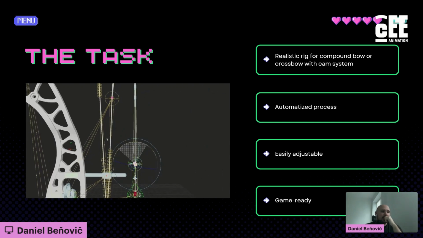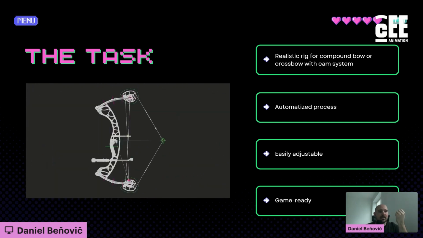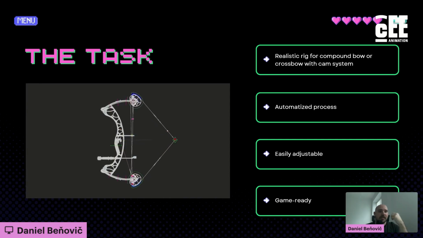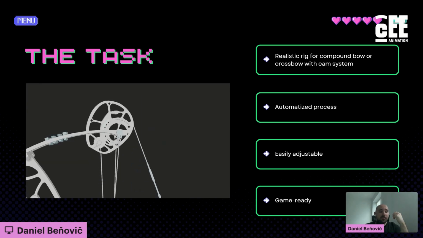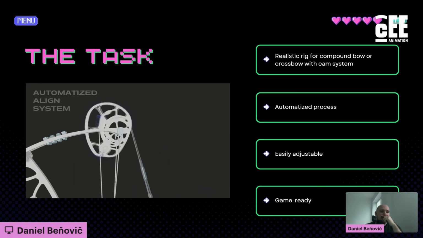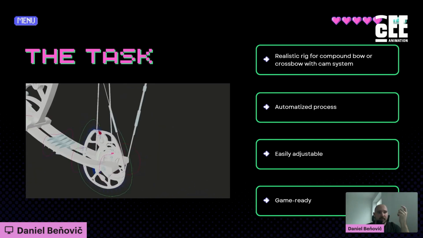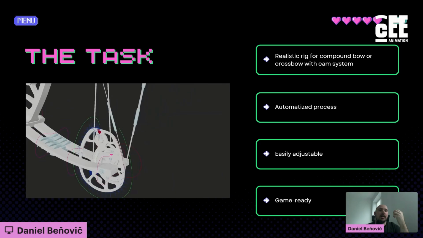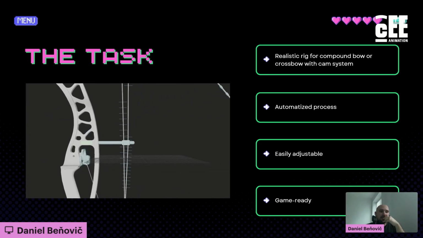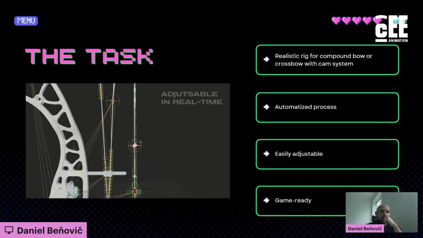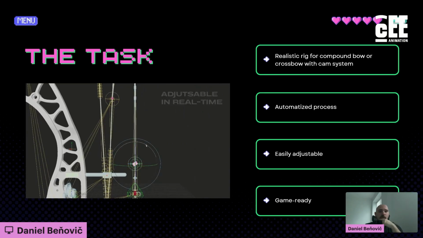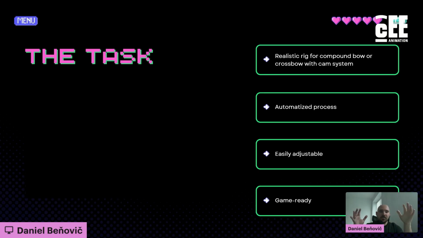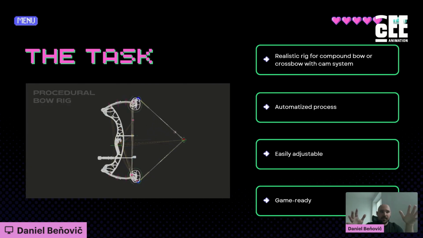That means that the number of bones has to be small for the best performance, and you also don't really want to simulate something like this, because you want full control over how the simulation plays out in the game all the time.